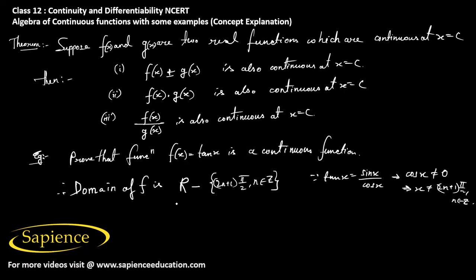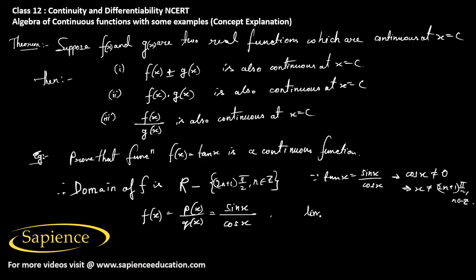So now tan x is sin x by cos x. So the function f of x can be written as some p of x by q of x, where p of x is sin x and q of x is cos x. So now sin x is a continuous function.